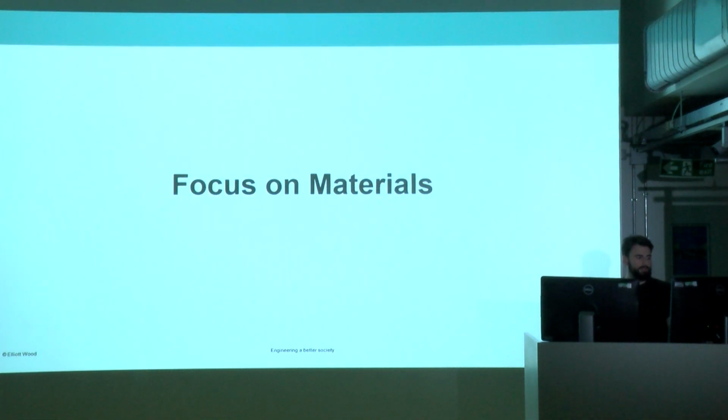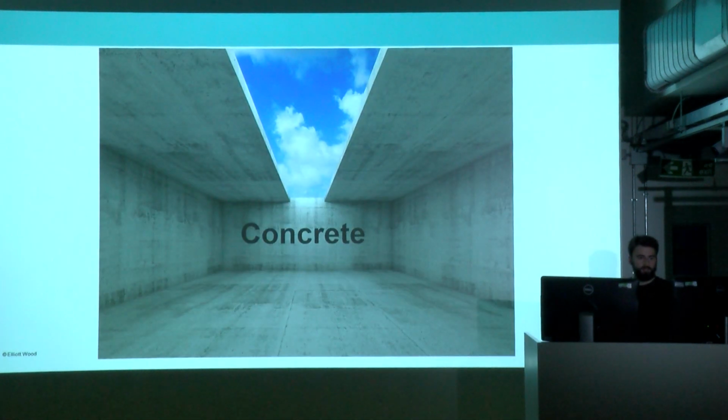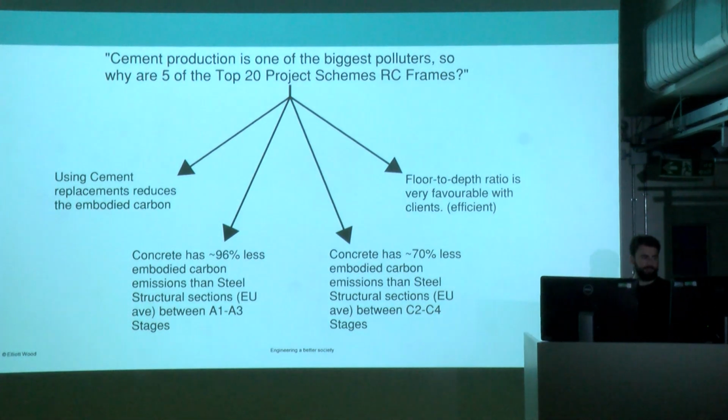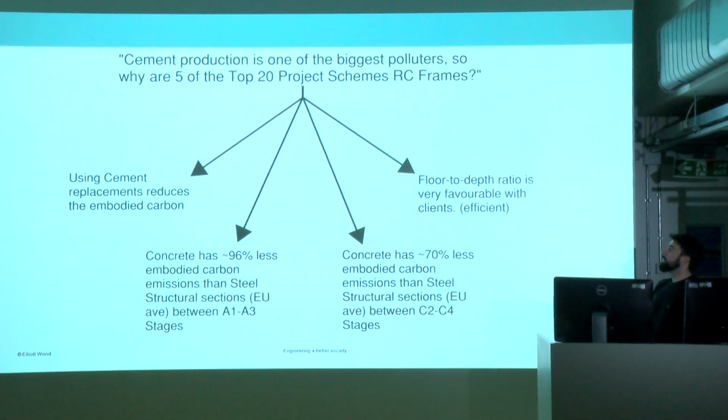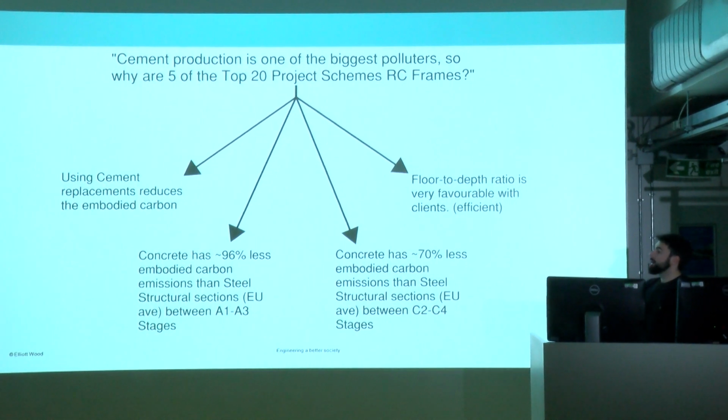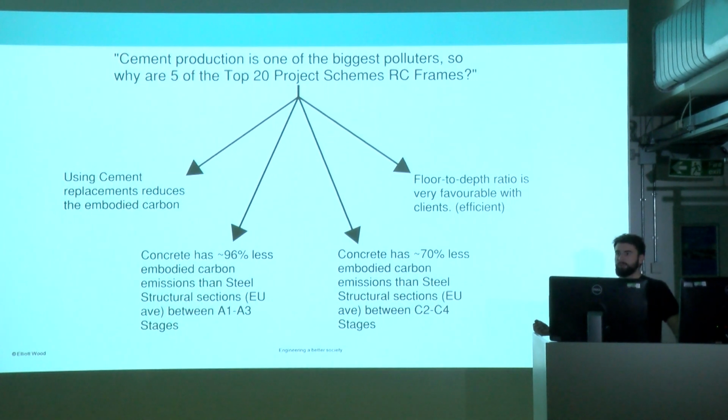So I'm going to focus now on 2 of the materials. The first one's concrete, which everyone should be familiar with, but here are some stats that come with it. Cement production is one of the biggest polluters, and there's a stat that's bandied around that its carbon emissions mean that it's the 5th worst emitter of countries, if it was compared as a country.